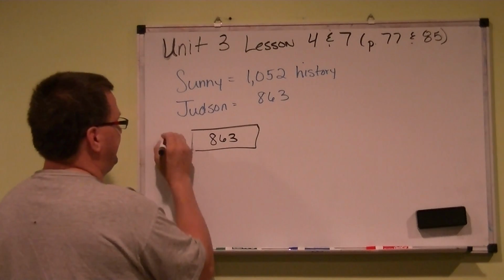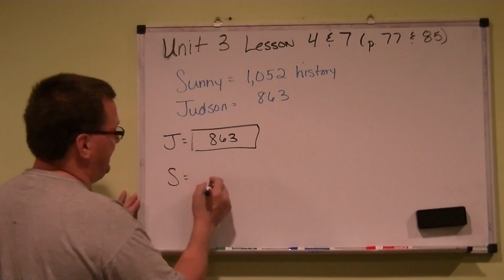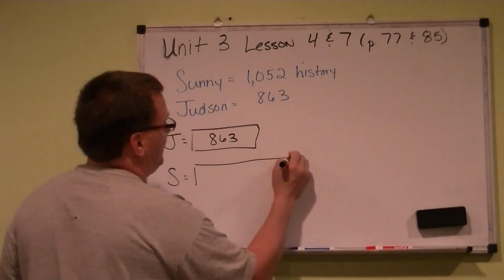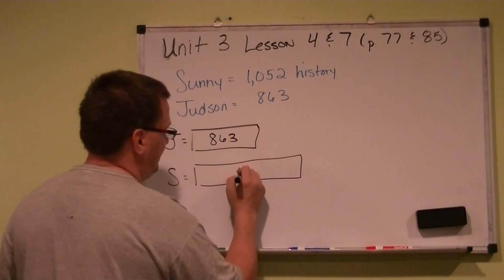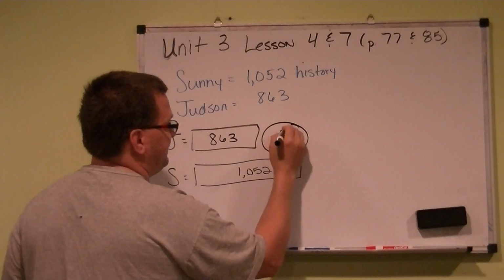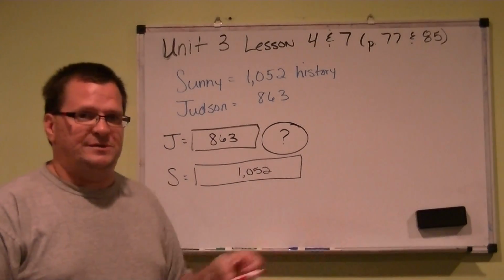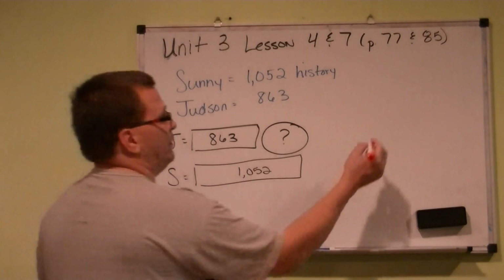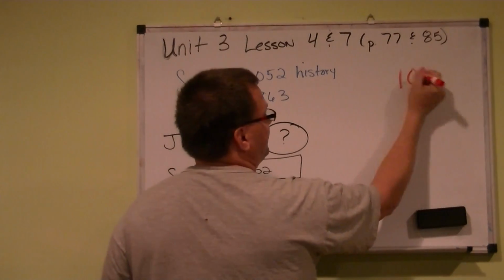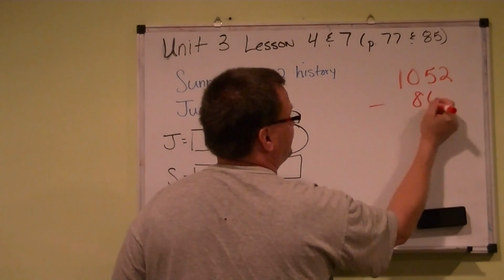We'll put a little J over here just to make it quicker. And then Sunny, S, has 1,052. We're trying to find out what's in the middle there. So to solve that, we just do a simple subtraction problem. Over on the side here, 1,052 minus 863.